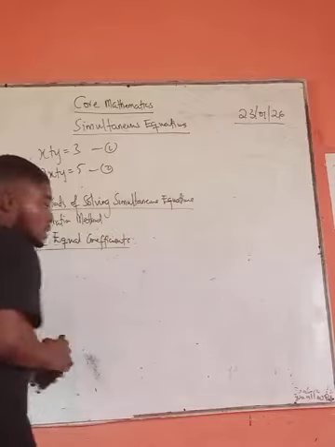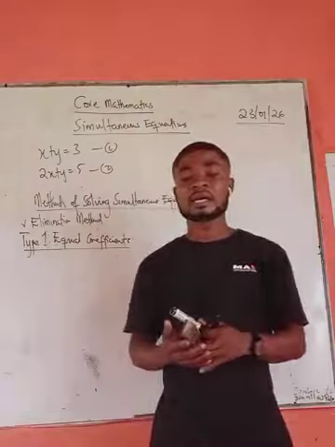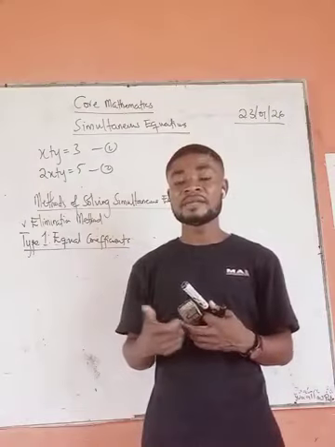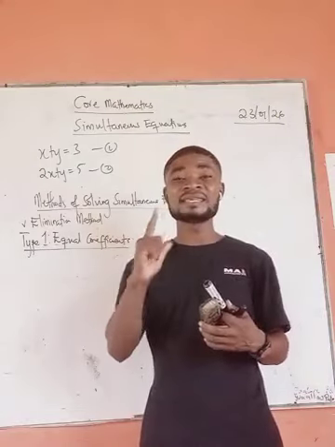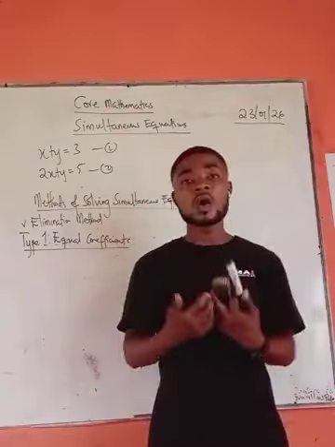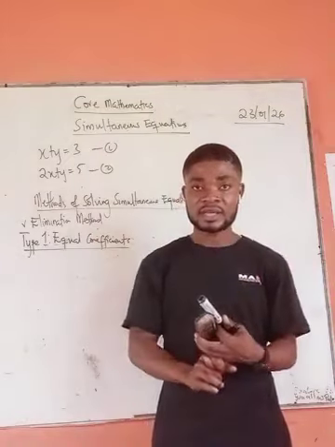So with the type 1, equal coefficient, it simply means that the variable we want to eliminate is having the same coefficient in both equation 1 and equation 2, or in all the equations that we are going to work with.